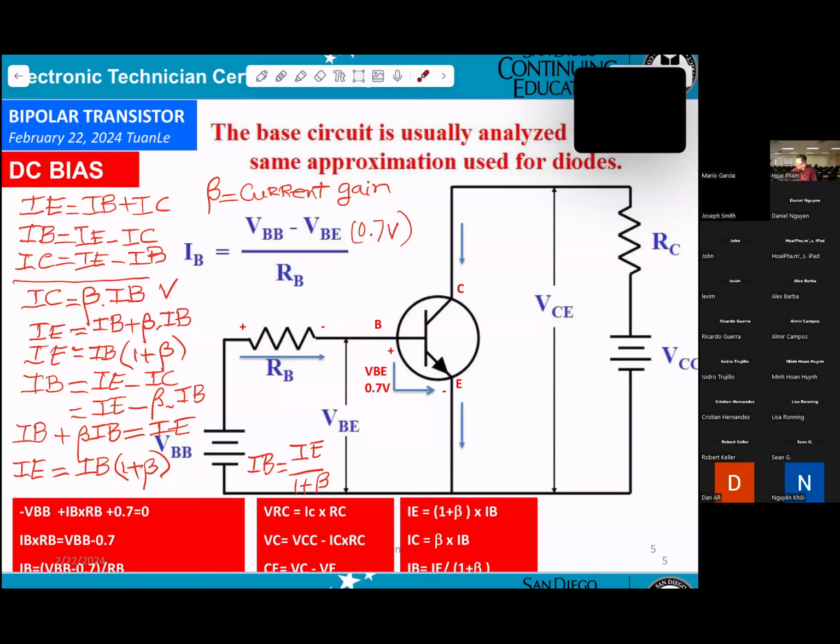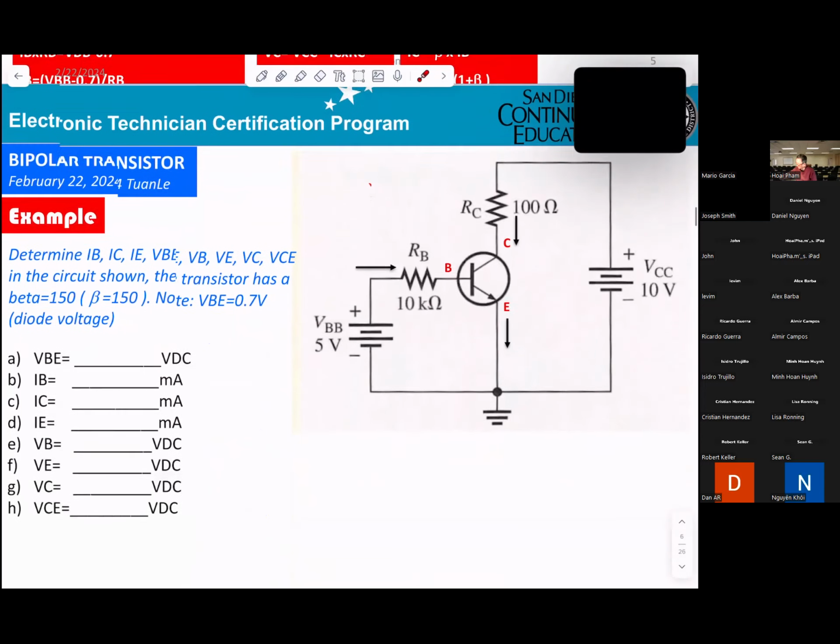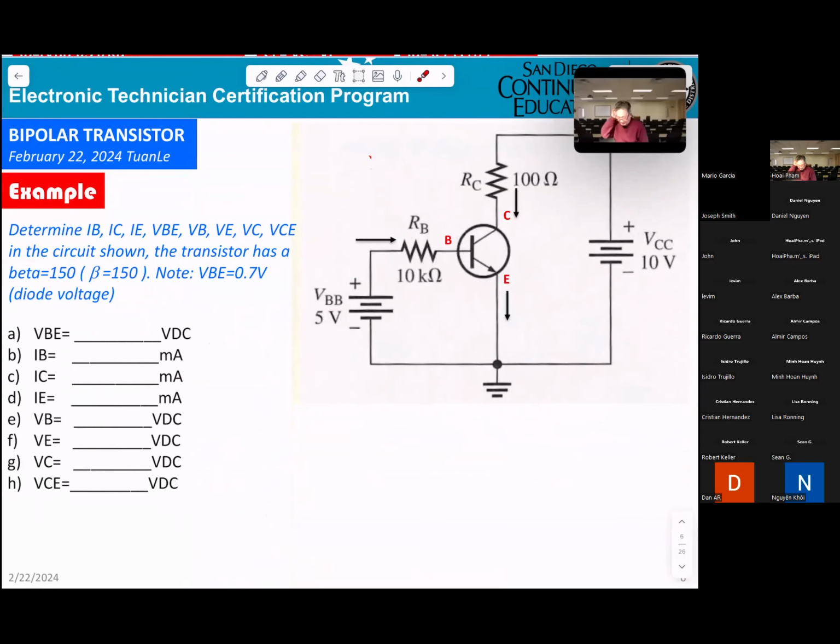Better than this one. Okay, quickly, number A. They say they want IB, IC, IE, VBE, VB, VE, VC, VCE.